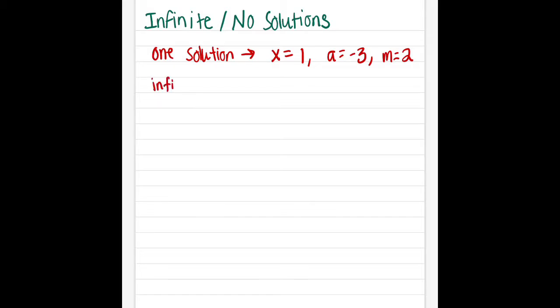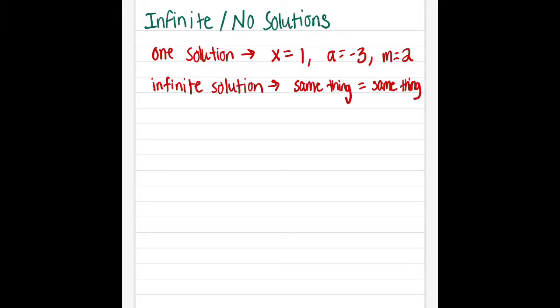Infinite solutions is when you could put any number in for x or whatever variable you're dealing with, and you will get an answer every time. Any number satisfies x. So your answers will have basically the same thing equals the same thing.